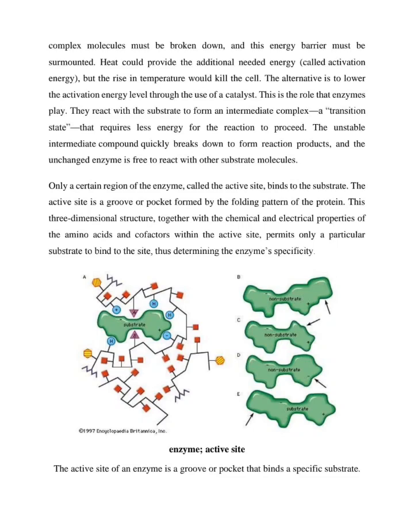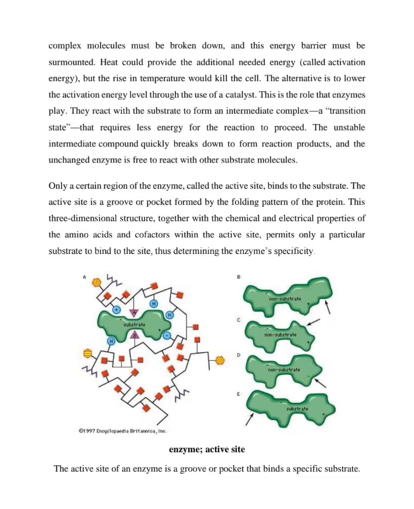They react with the substrate to form an intermediate complex, a transition state that requires less energy for the reaction to proceed. The unstable intermediate compound quickly breaks down to form reaction products and the unchanged enzyme is free to react with other substrate molecules.